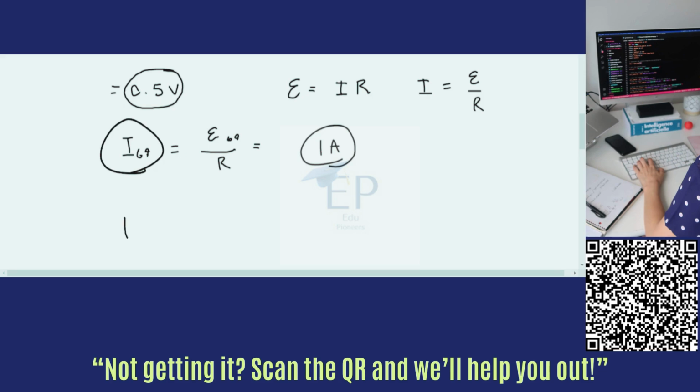And similarly, if we did the exact same thing for our 0 to 3 period, we would have minus 1 volt for our EMF in the 0 to 3 period, divided by 0.5 ohms, which would just be minus 2 amps.